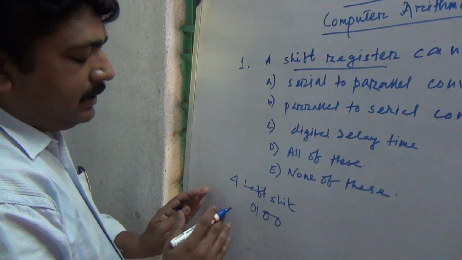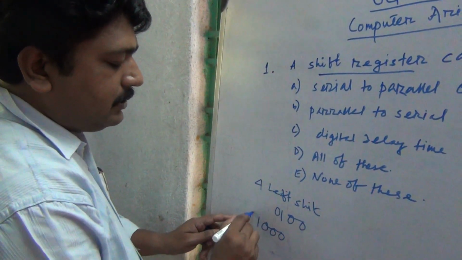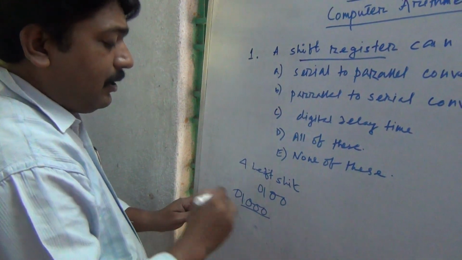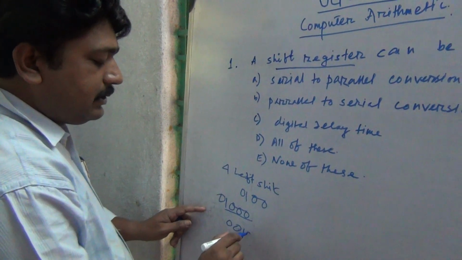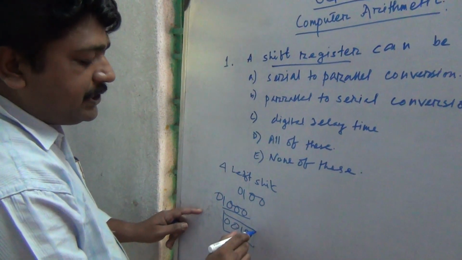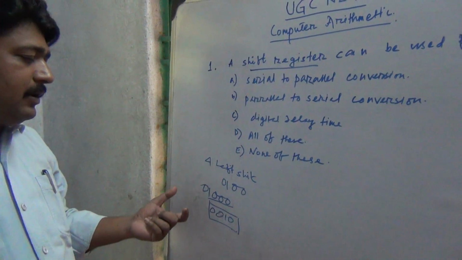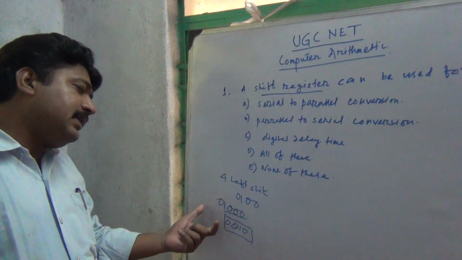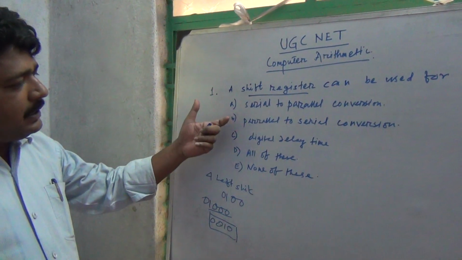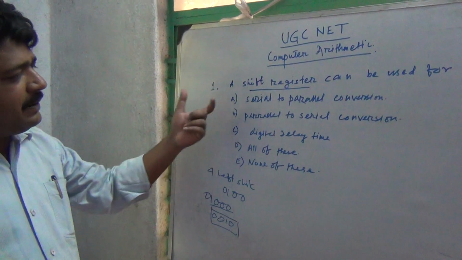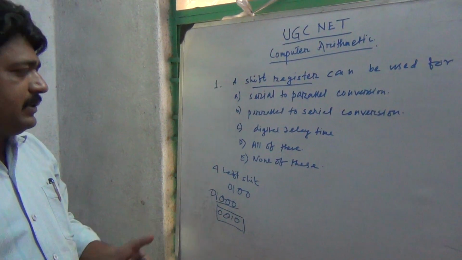That means in the left shift it becomes 1 0 0 0 0 0, or in right shift it becomes 0 0 1 0. So this is the shifter. Now if the number is serial or parallel, we can obviously make it parallel by the shifter, serial to parallel, and parallel to serial conversion can also be done by the shifter.